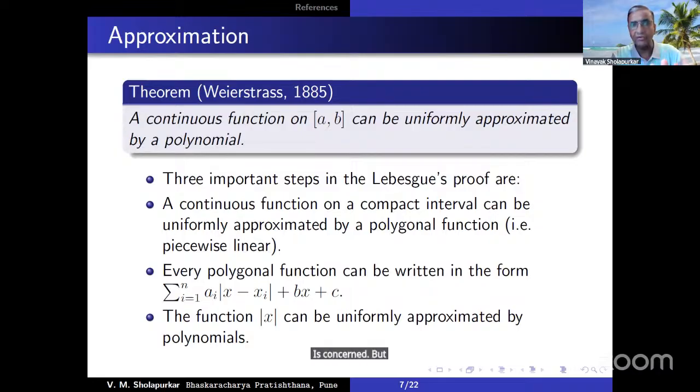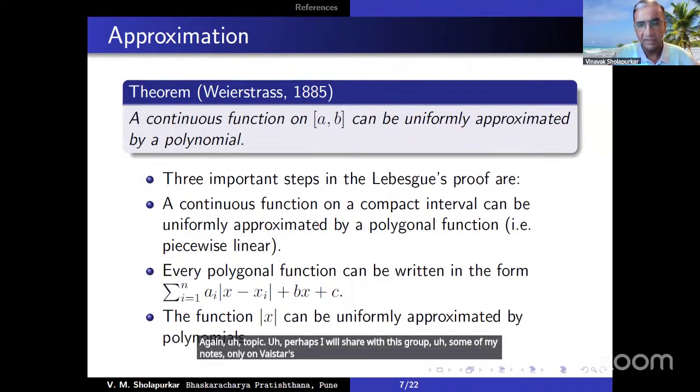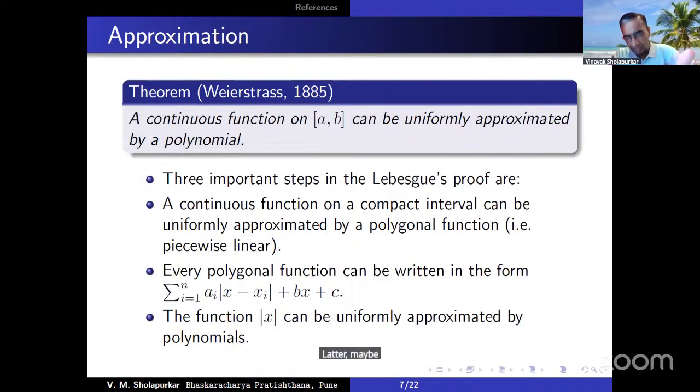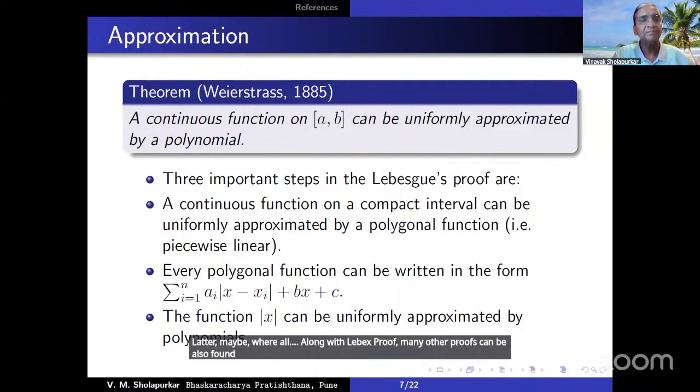But we are not going to go into details of the Weierstrass approximation theorem today. It's a totally different topic. Perhaps I will share with this group some of my notes on the Weierstrass approximation theorem later, where along with Lebesgue's proof, many other proofs can also be found.